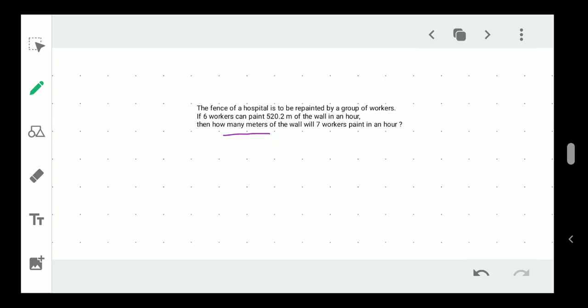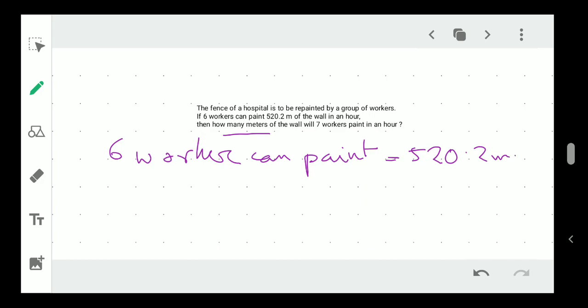So I can write here that 6 workers can paint 520.2 meters.